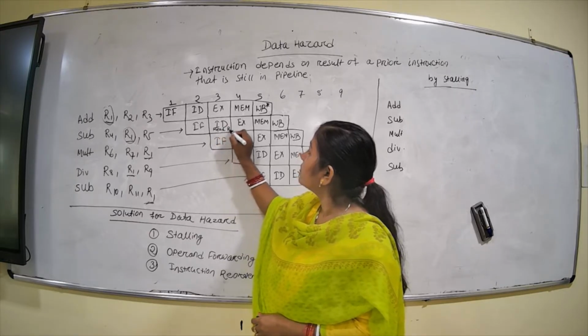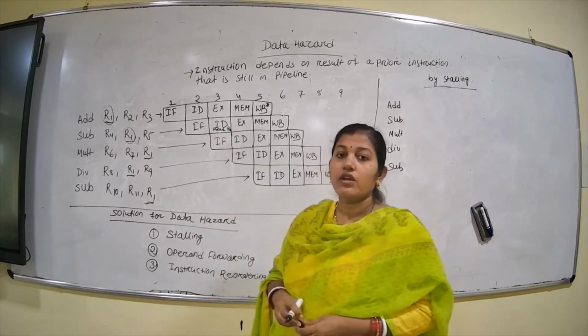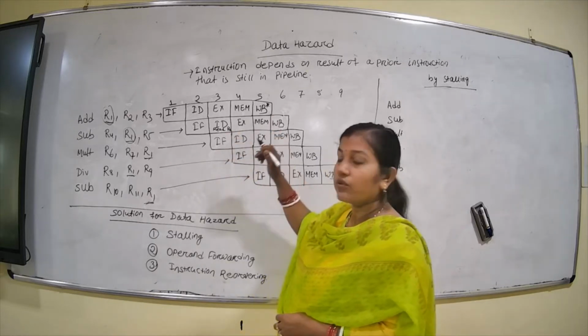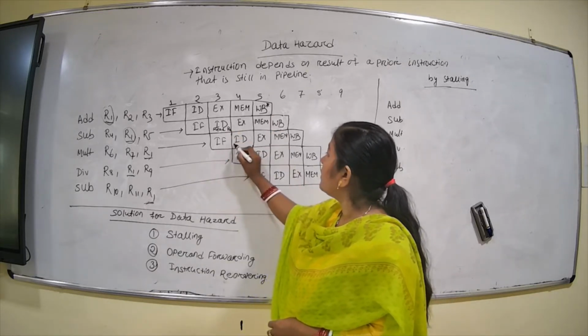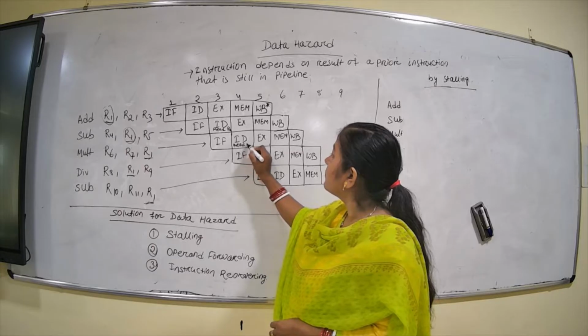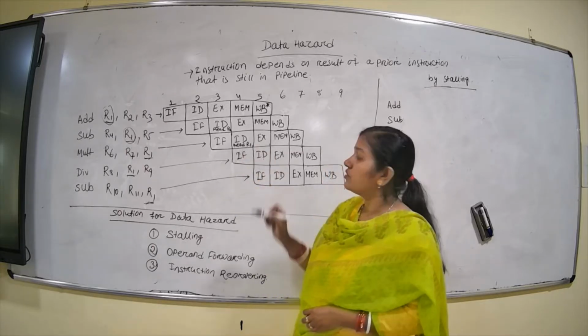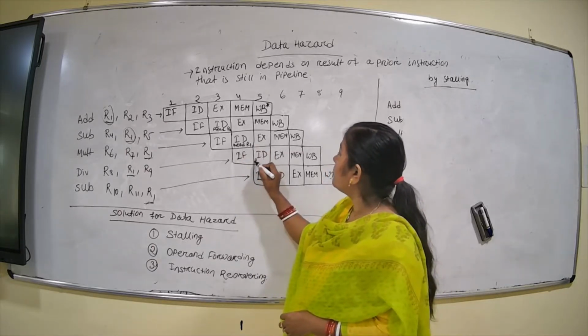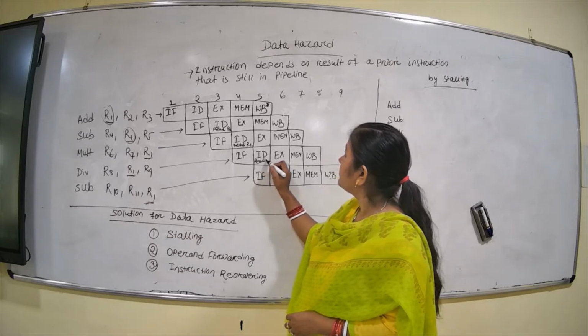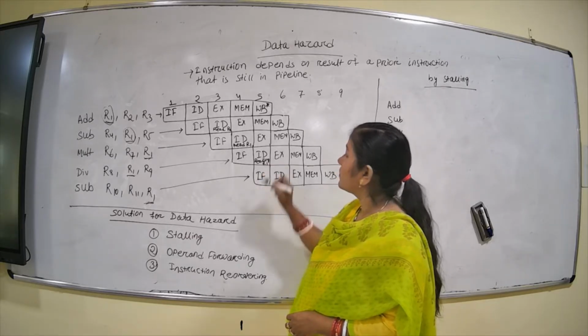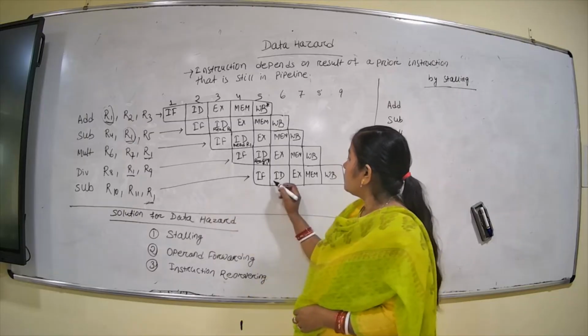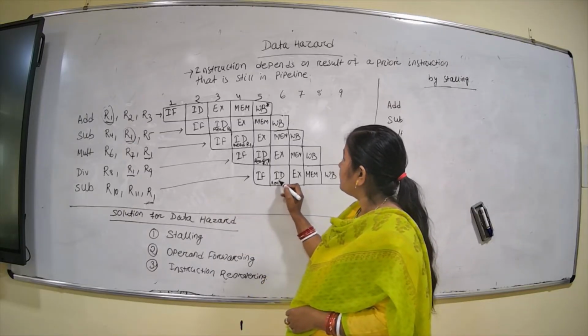So our concern is regarding R1, so I am marking it here. We are reading R1 at the third clock cycle, for the multiplication here as well, and for the last instruction, we are reading R1 here.